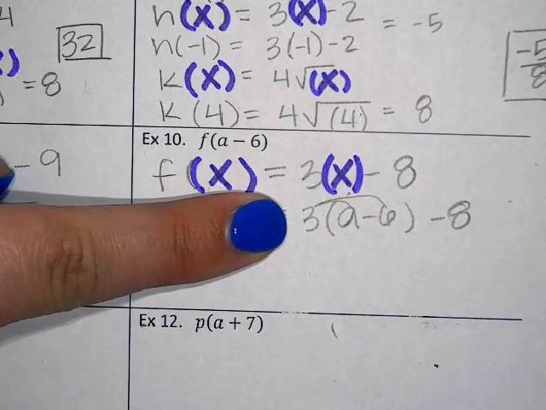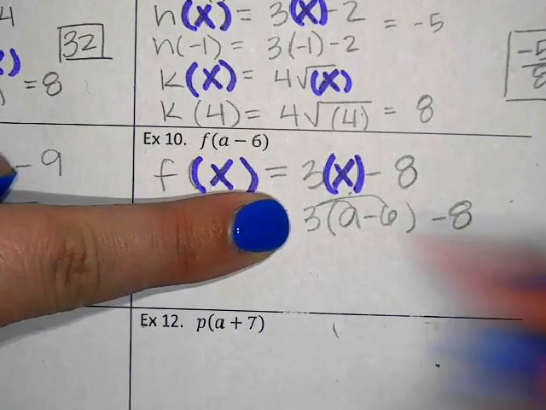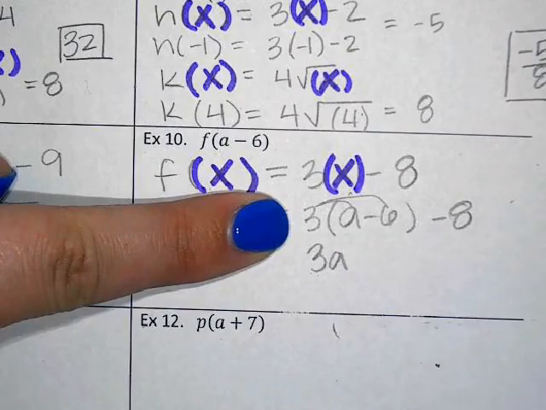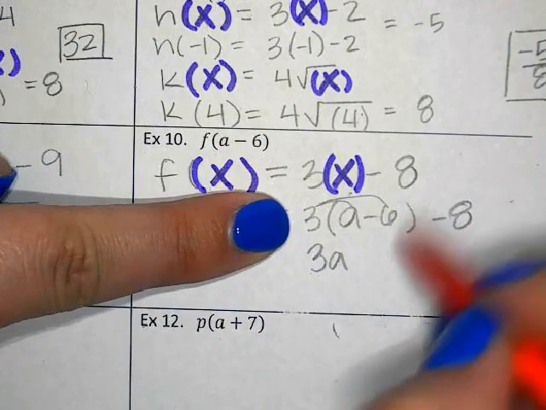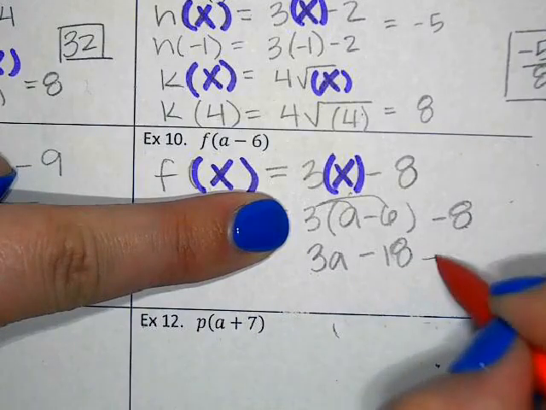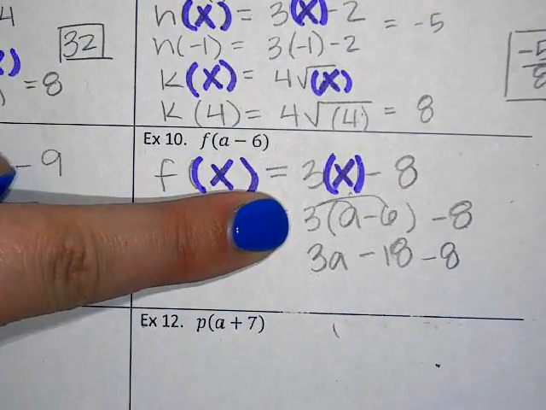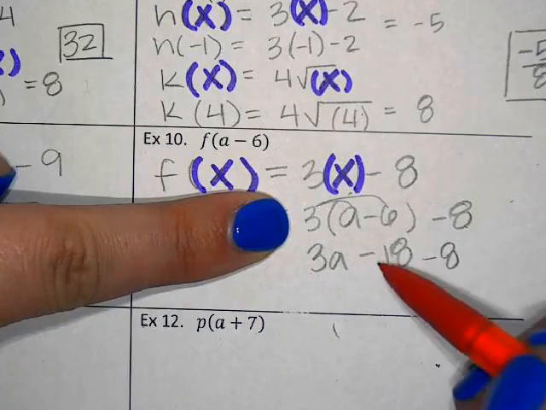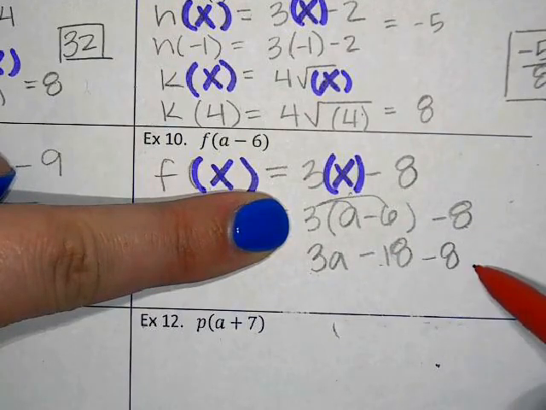We still have a minus 8. And what is minus 18 and minus 8? Not quite, because they're both negatives. Negative 26.